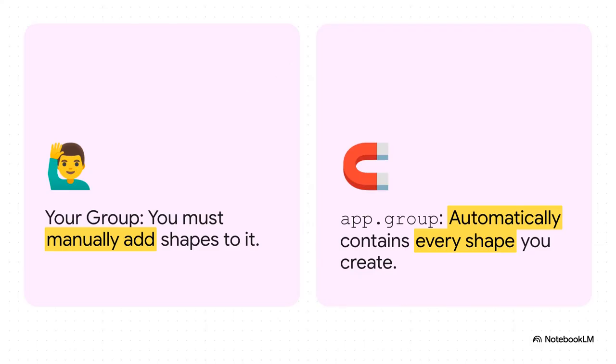It really all comes down to two different kinds of groups. On one side, you've got the groups you make yourself, your mySquad, where you have to manually .add every member. But on the other side is the default group, app.group. This is kind of a special, hidden group that automatically catches every single shape you create. And I mean everything. Circles, stars, and yep, even your labels and your background.